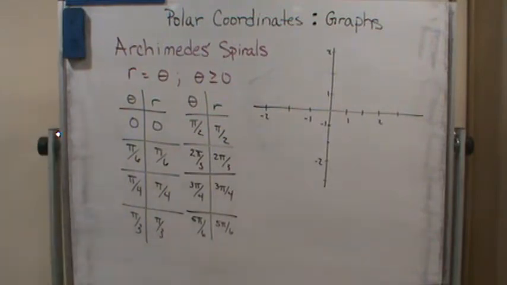And so if we take our calculator and we plot these, so let's see, pi over 4 is 0.785.